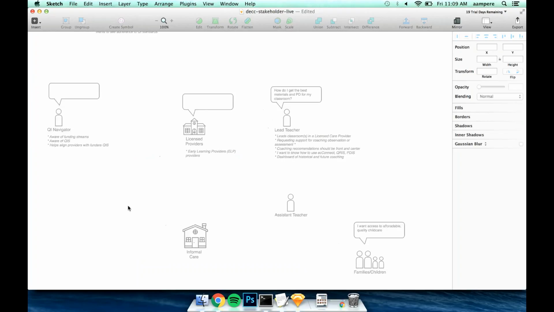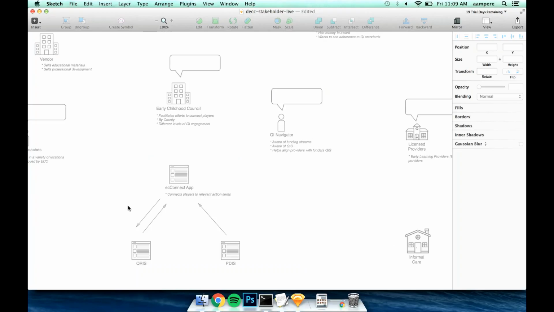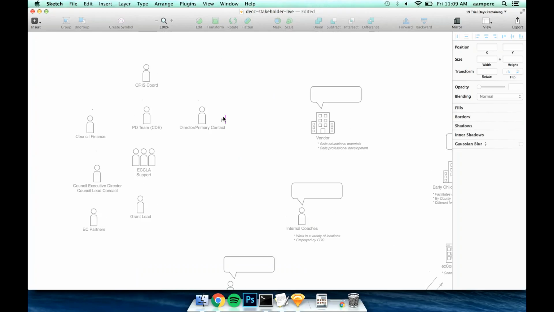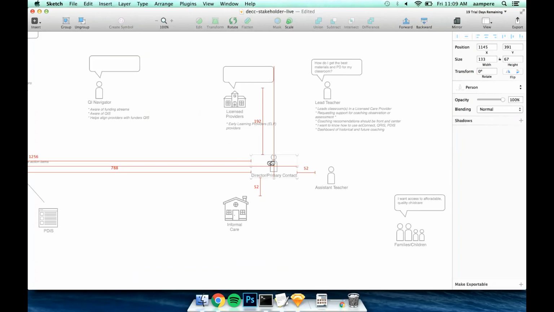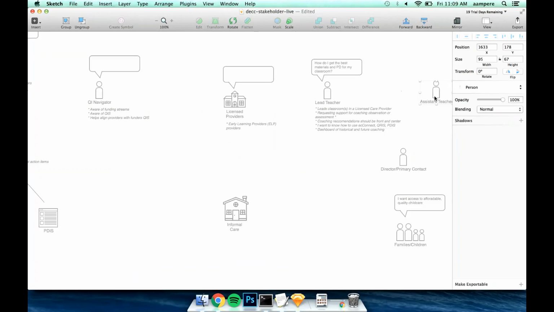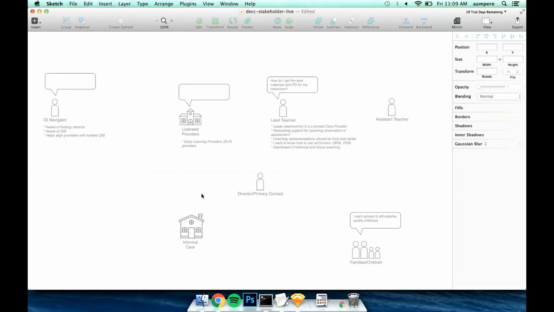That's going to be this director primary contact. Yep. Does anyone have any thoughts about what the director can already do and what they maybe should be able to do? Well, they're going to do their applications.